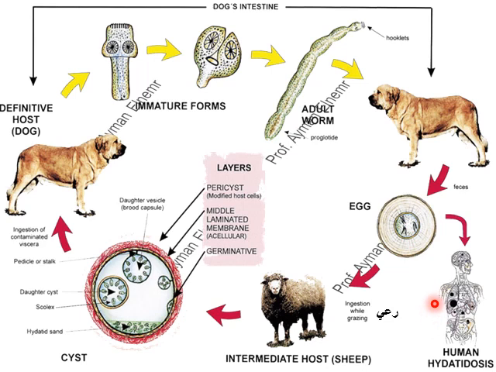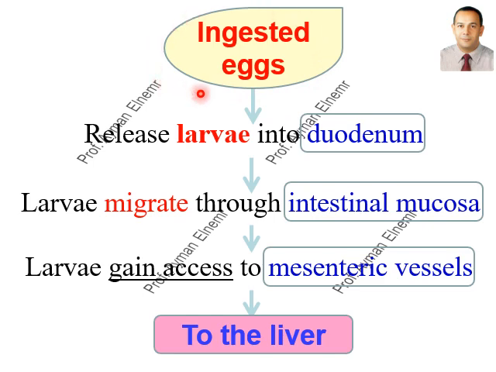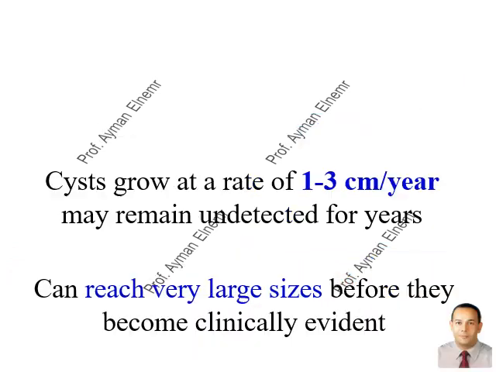They attach themselves to the mucosa of the small intestine. So the eggs ingested by a human being release larvae into the duodenum. The larvae migrate through the intestinal mucosa, and get access to the mesenteric vessels and to the liver.